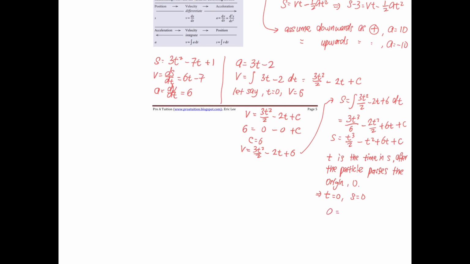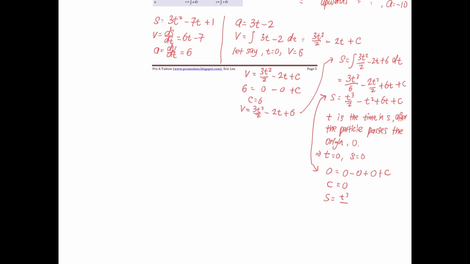So you get 0 equal to 0 minus 0 plus 0 plus c. You substitute there. Okay, and you get c equal to 0, and hence your displacement equation is t cubed over 2 minus t squared plus 6t. Okay, so that is how we get the displacement function in terms of t.